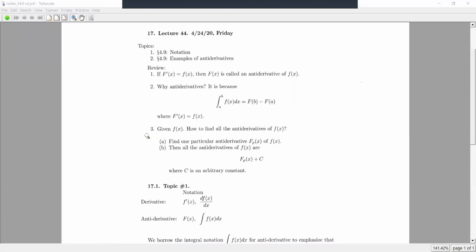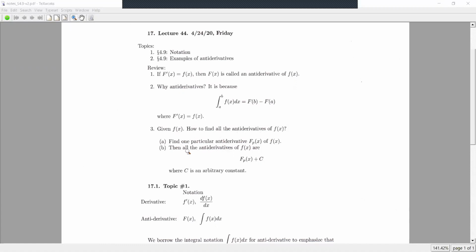Review number 3. Given a function, how to find all its anti-derivatives? Two steps. Step 1, find one particular anti-derivative of the given function.